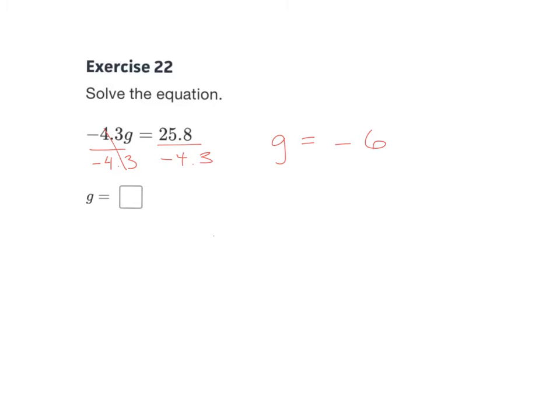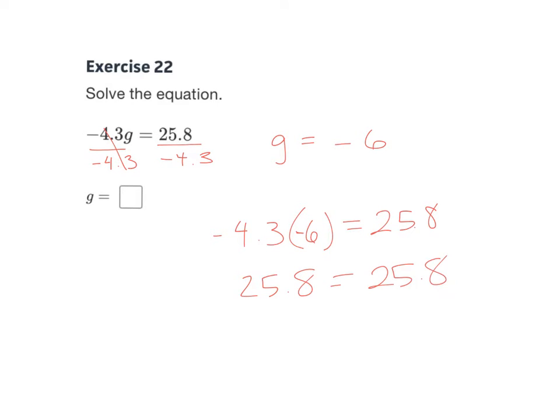To check it, I would have negative 4.3 times negative 6. Sorry, it's negative 6, excuse me. Negative 4.3 times negative 6 gives me 25.8. 25.8 is equal to 25.8. There is my check.